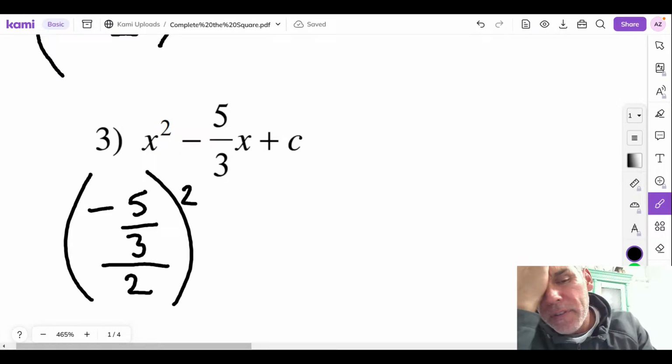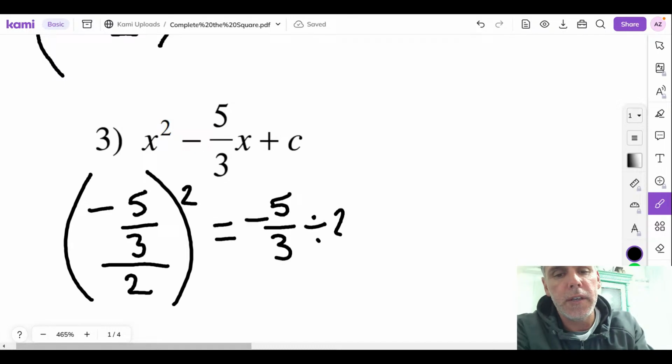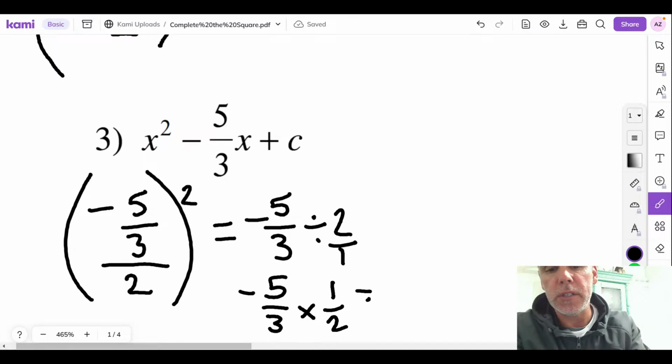So negative 5 thirds divided by 2 is the same thing as negative 5 thirds times, since that 2 is 2 over 1, you multiply by the reciprocal, 1/2. So that's negative 5 over 6.